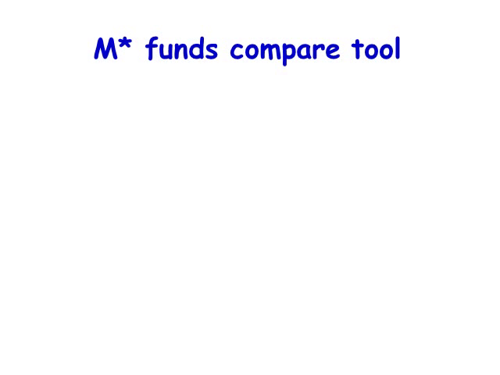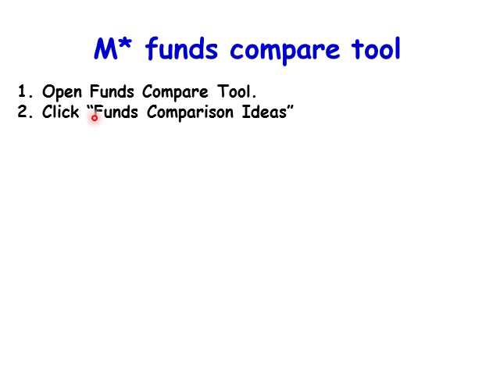Let's continue. To open the funds compare tool, go to morningstar.com, select the tools, then select compare, and within the compare section pick mutual funds. Then when you get into the tool, you click funds comparison ideas.